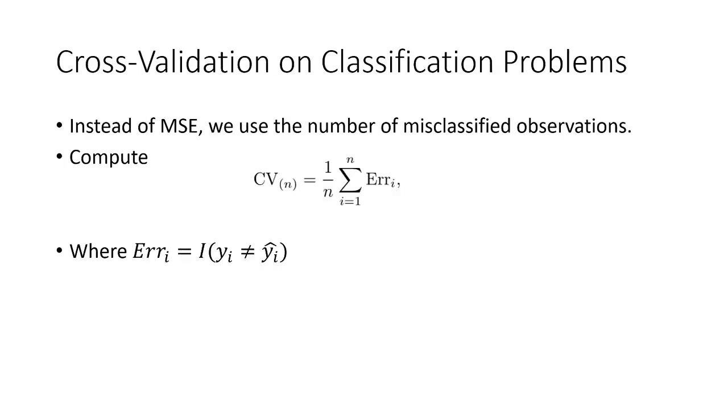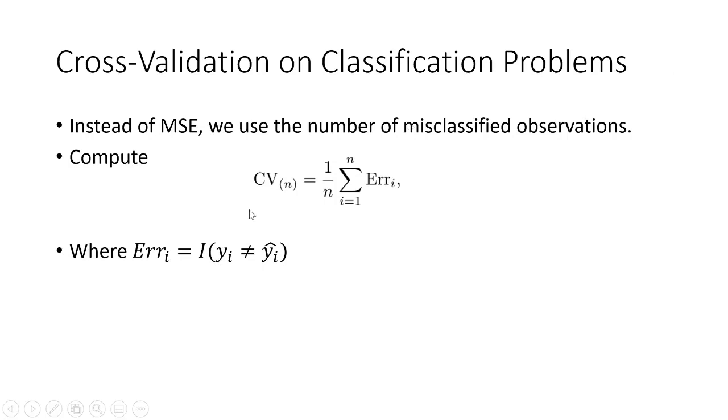All right. So all that we have talked about just now is the cross-validation technique for when the response variable is numerical. What about when the response variable is categorical, such as with a classification tree or logistic regression? Instead of using MSE, we now use the number of misclassified observations.